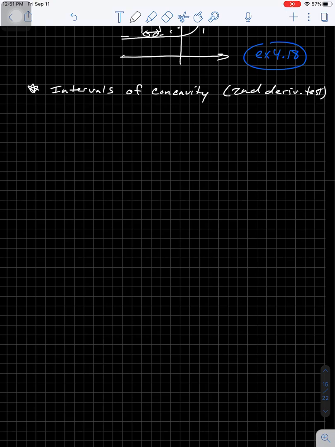So once again, let's make a little list of directions first of all. If I say do the second derivative test, if I say find the intervals of concavity, or if I say find my points of inflection, we'll talk about those in a second.